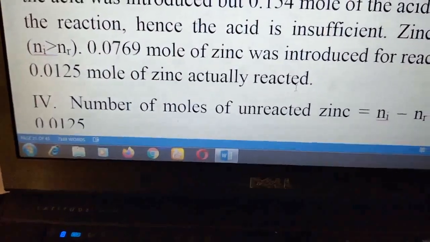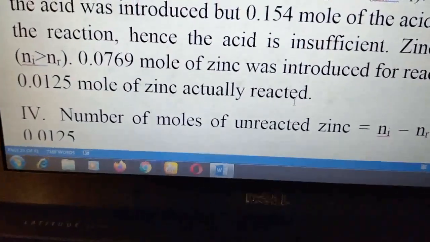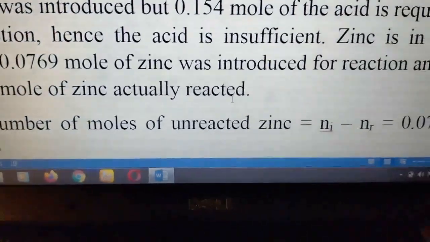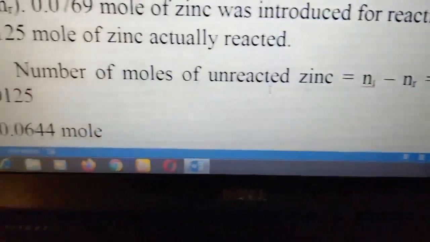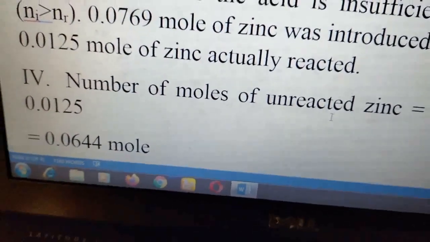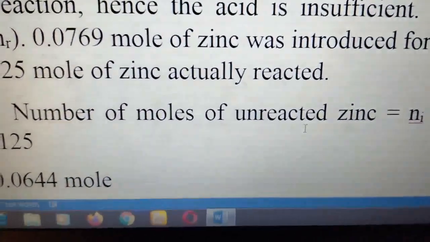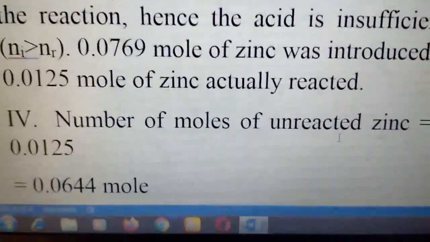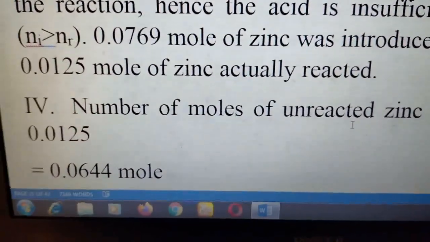Ni is higher than Nr. Why? We introduced 0.0769 mole of zinc, realized in Ni, and only a small amount of it, a fragment of it, 0.0125 mole of zinc, actually reacted. So what you introduced for zinc is higher than what's going to react. That means zinc is actually in excess.